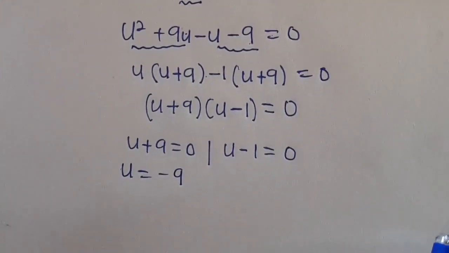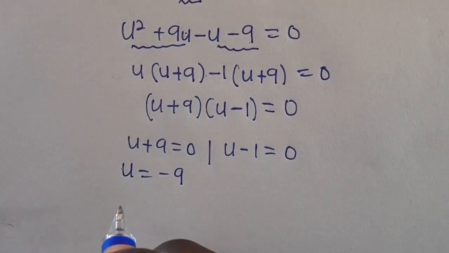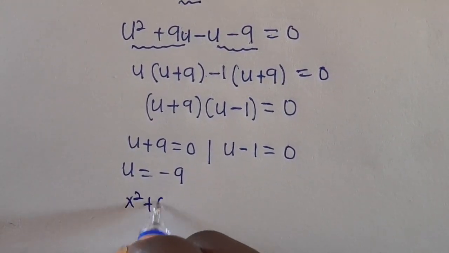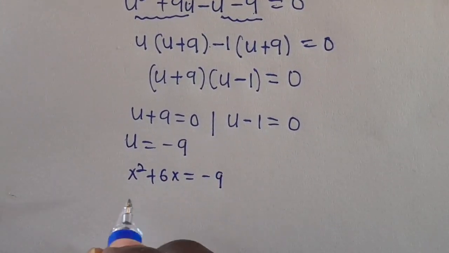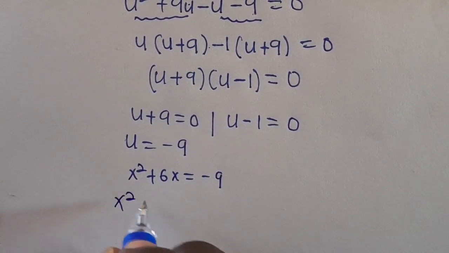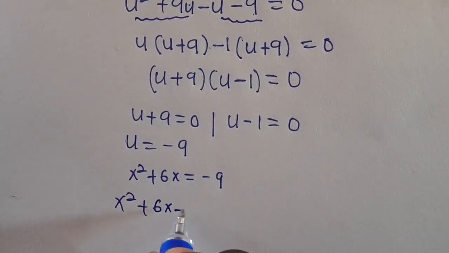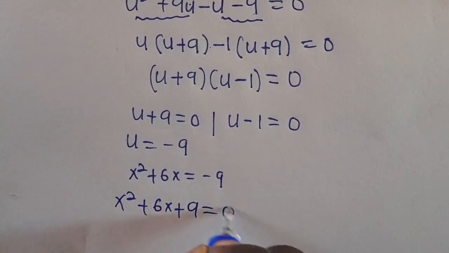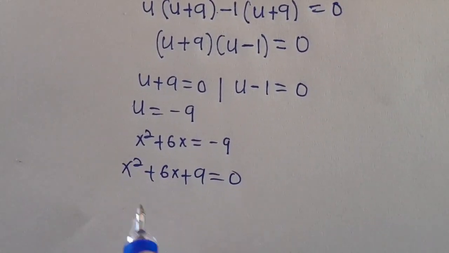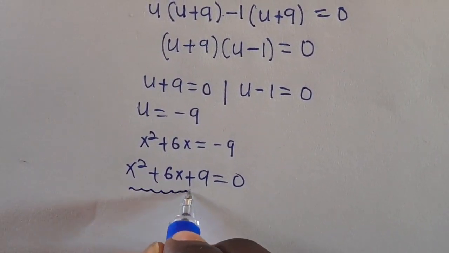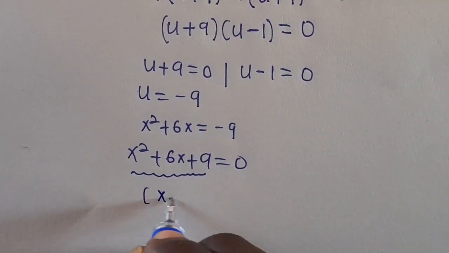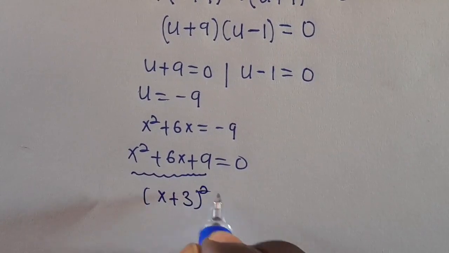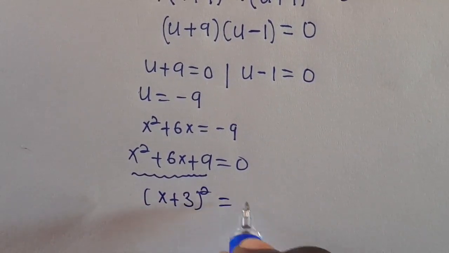So we have x squared plus 6x equals minus 9, and taking it across, x squared plus 6x plus 9 equals 0. This quadratic expression is the same thing as (x + 3) all squared equals 0.